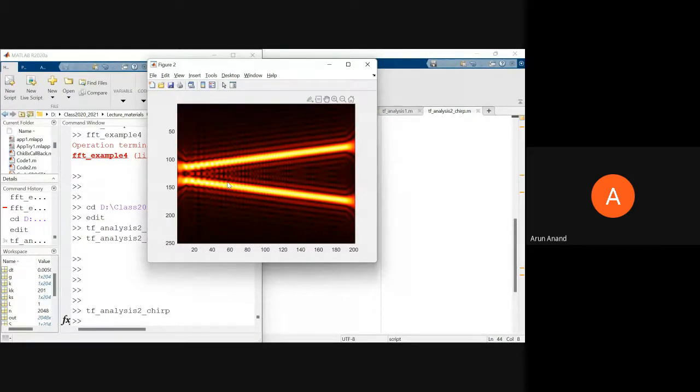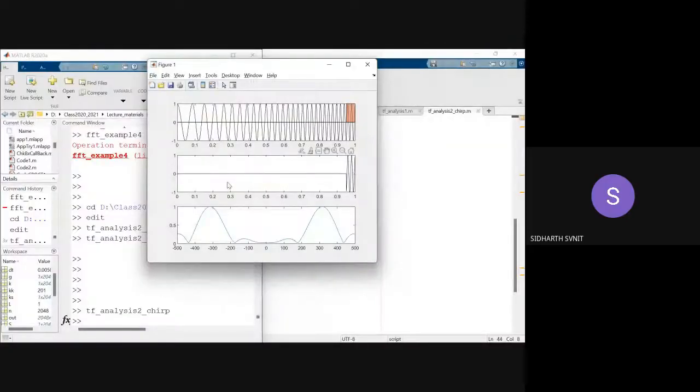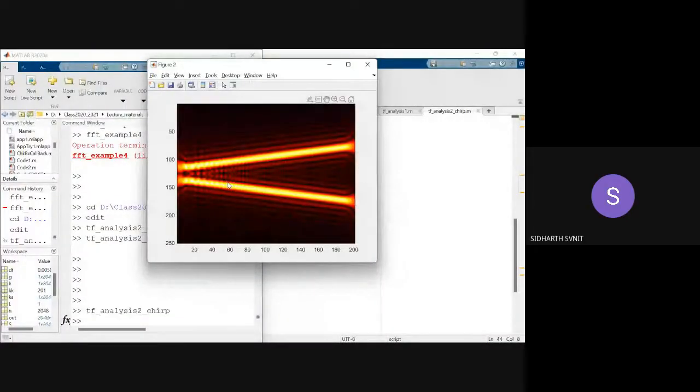I need some form of feedback, otherwise I cannot go ahead. Yes, sir. Other participants, please respond: is this image clear? Sir, can you explain that once again? This figure? Yes. Okay.